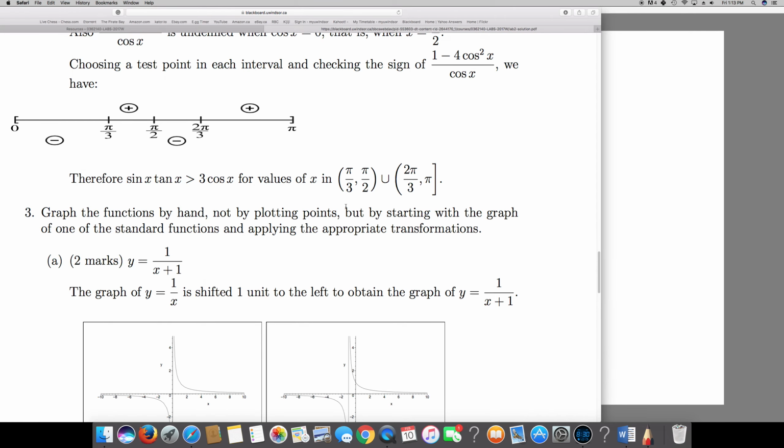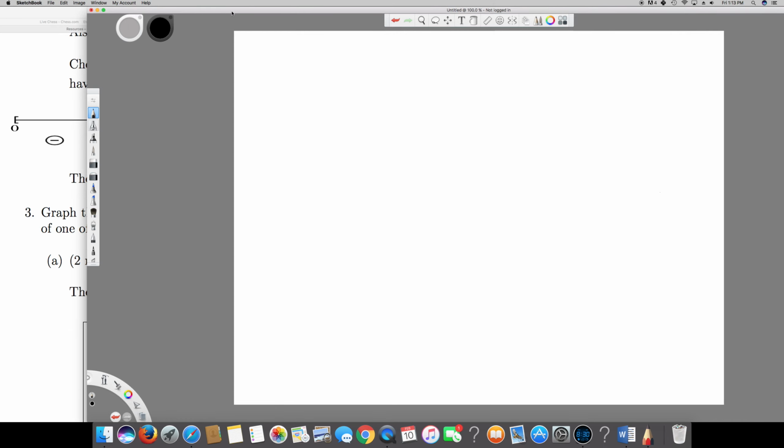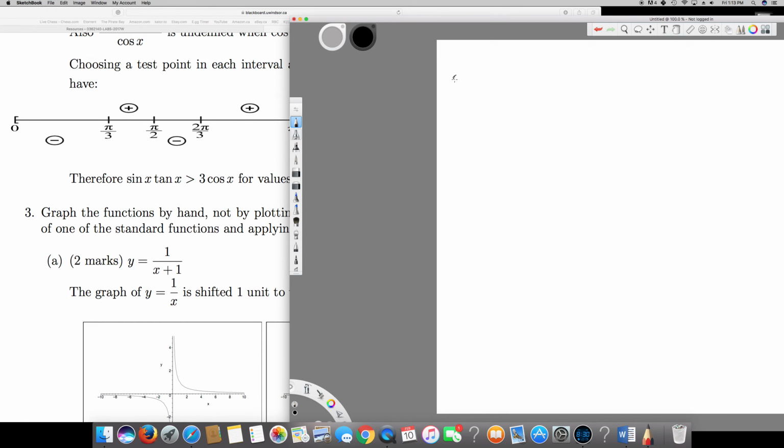That's it. So the first question is asking y is equal to 1 over x plus 1. Since this is x plus 1, first I have to draw the graph for 1 over x. How does the 1 over x graph look like? It is going to be the curve in the first quadrant, like this.